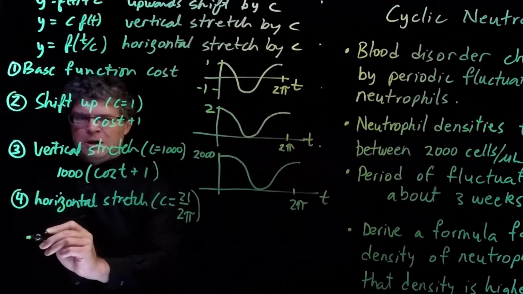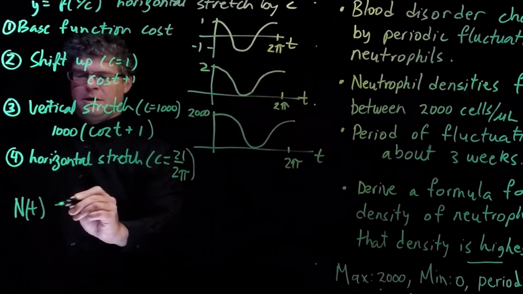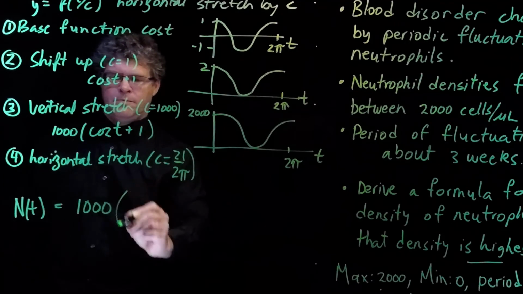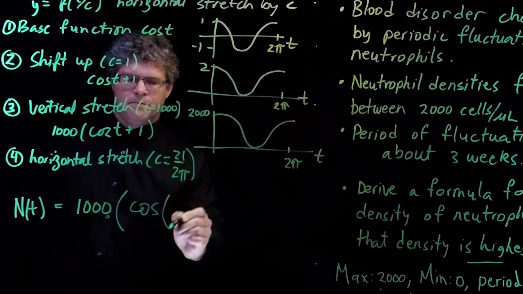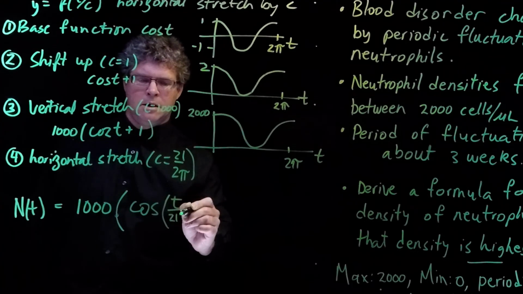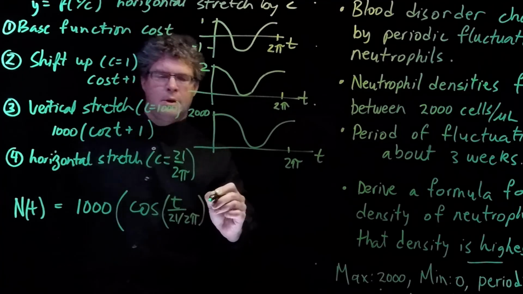And so our formula then becomes n of t is equal to 1,000 times the cosine of t divided by 21 over 2 pi, plus 1.